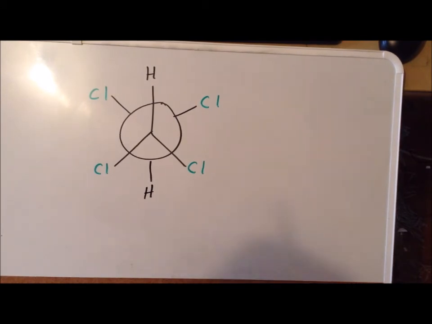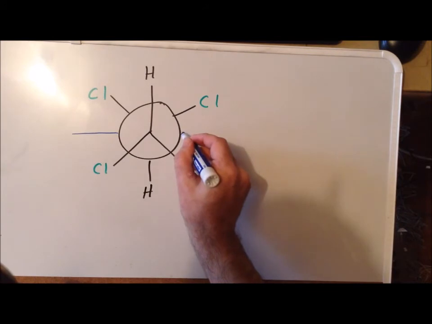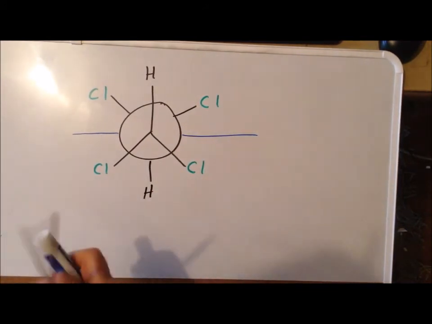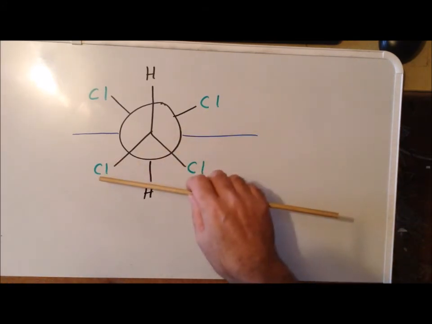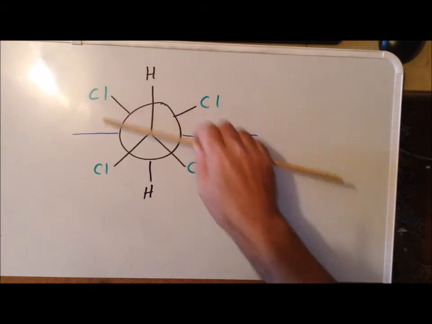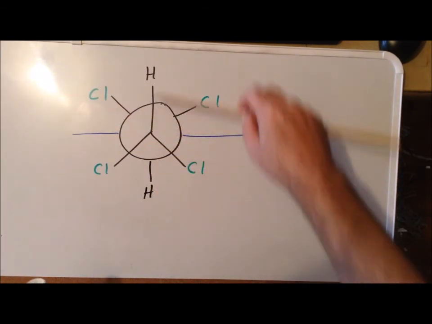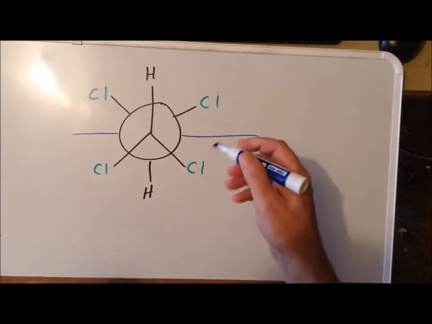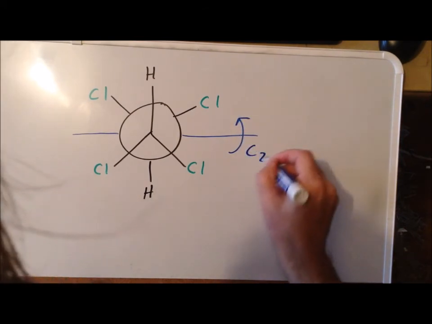If there were, it would go along this particular axis. And we notice that if there is such a C2 here, it would take chlorine in front to chlorine in back, chlorine in front to chlorine in back, and hydrogen in front to hydrogen in back. So we actually do have a C2 axis along here.